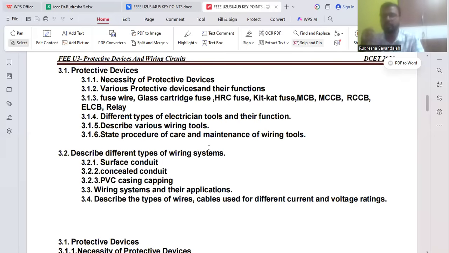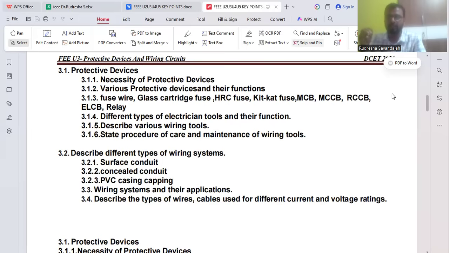Fuse wire, glass cartridge fuse, HRC fuse, KitKat fuse. Do you know what is meant by a KitKat fuse? Then MCB, MCCB, RCCB, ELCB, relay, and different types of electrician tools and their functions.